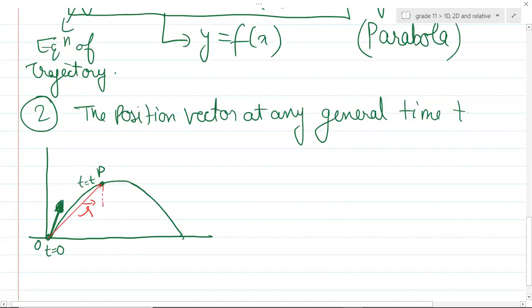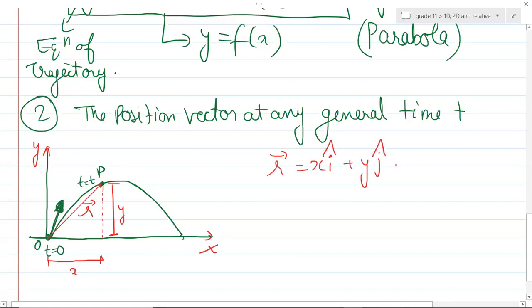And how do you give the position vector? You give it using x and y in terms of t: x i cap plus y j cap.